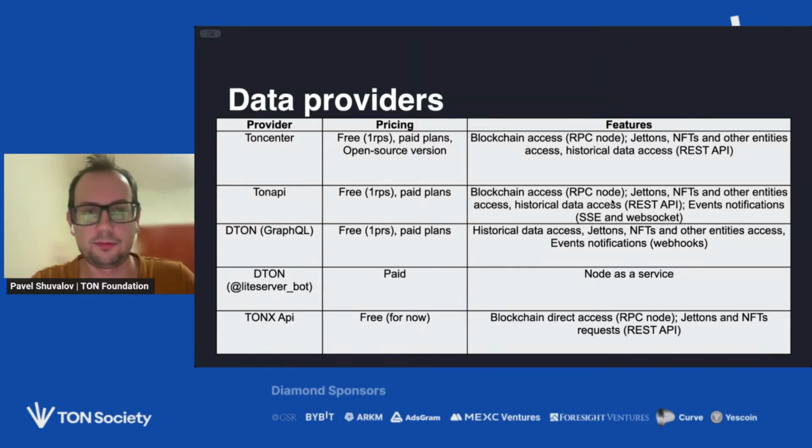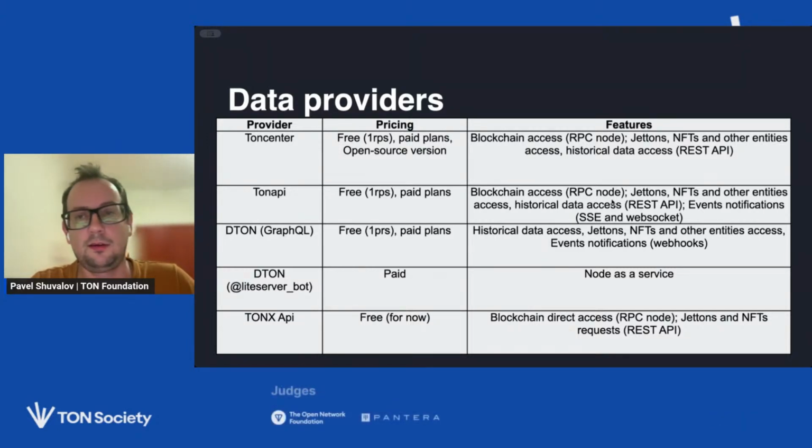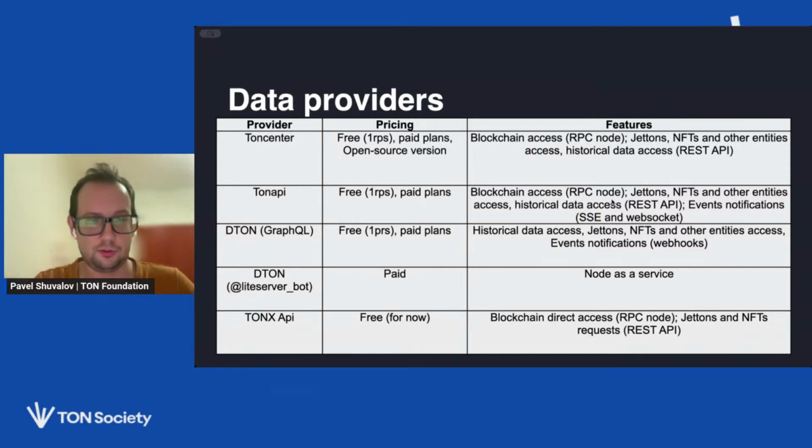I suppose it was the first RPC node provider in the ecosystem. It provides you with blockchain access, and also it allows you to work with high-level entities like Jettons and NFTs. It has free and paid plans, and also TON Center has an open source version, so you can host it on your own.